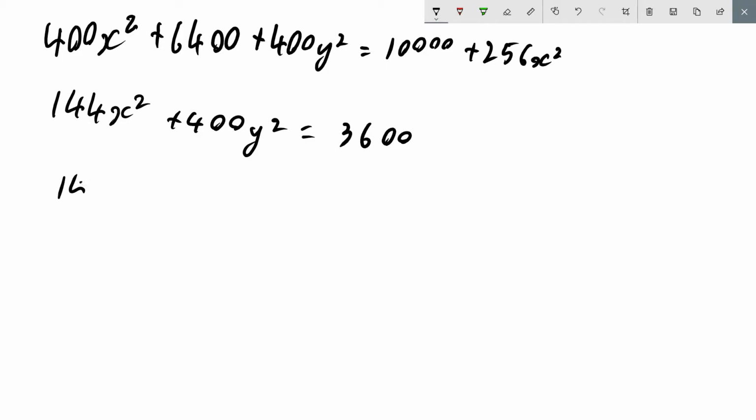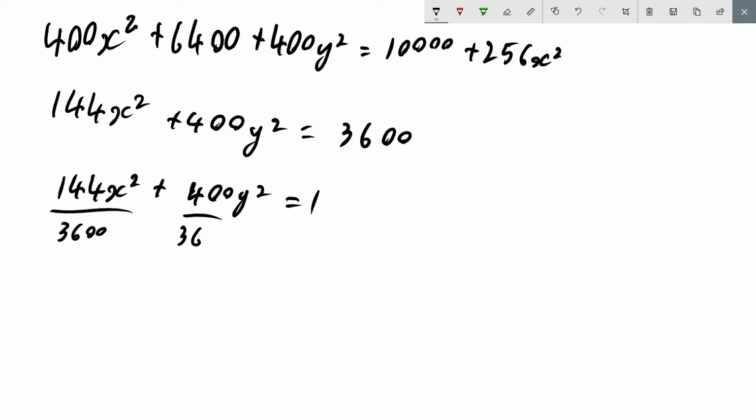So we get 144x squared plus 400y squared over 3,600, cancel this down to x squared over 25 plus y squared over 9, which equals 1.